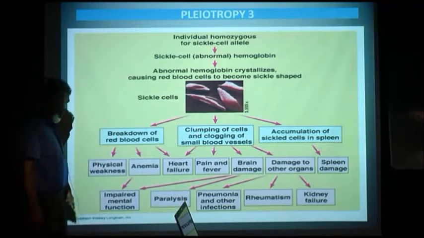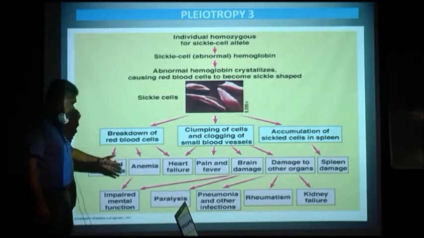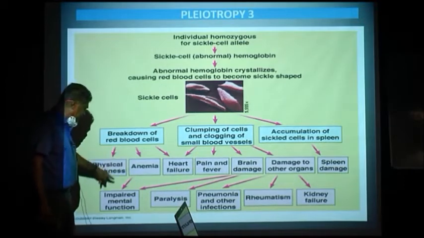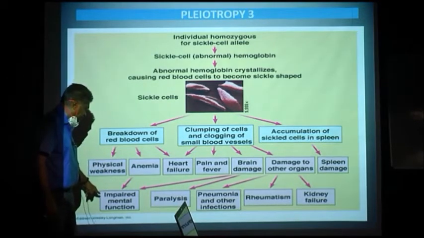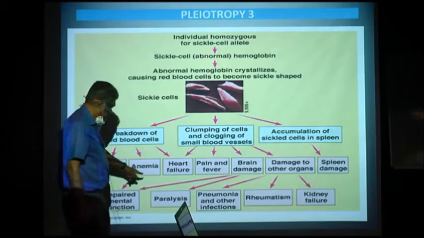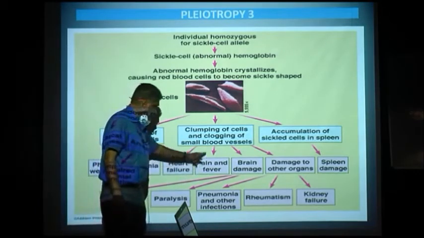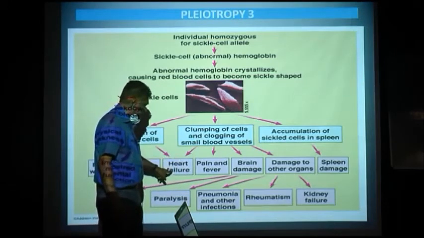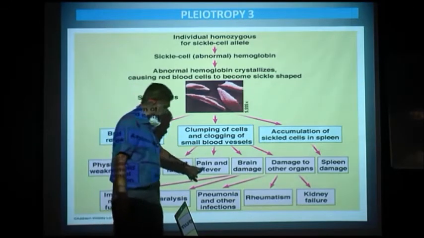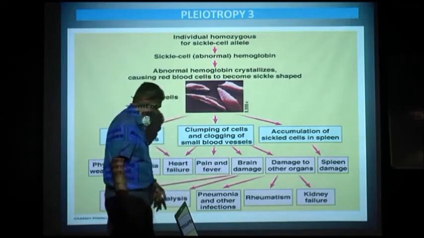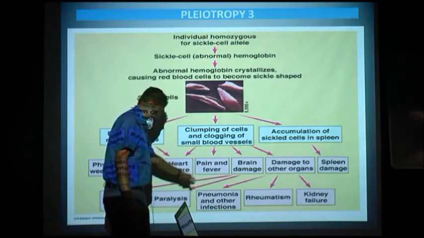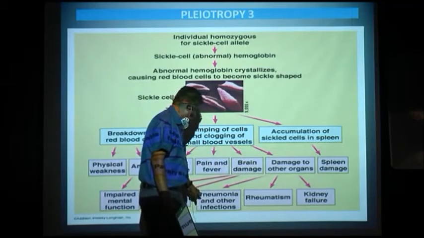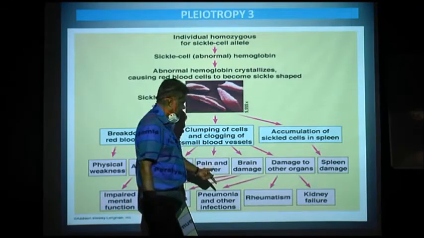If there is breakdown, you get anemia, heart failure, physical weakness. Anemia leads to impaired mental function. Now, the clumping of arteries also gives rise to heart failure or heart attack, pain and fever, brain damage. And brain damage will lead to paralysis, and damage to other organs gives rise to pneumonia and other infections.